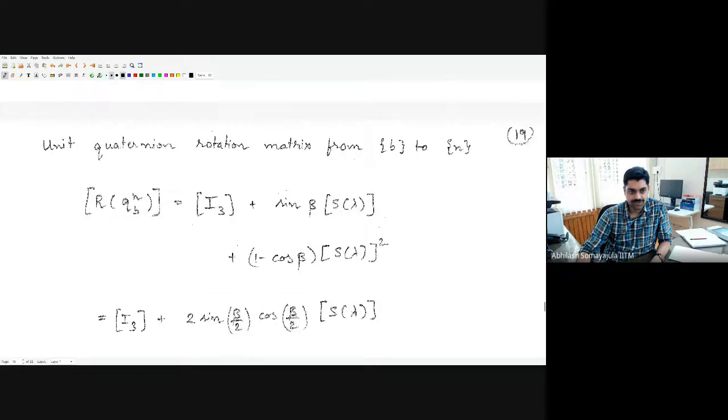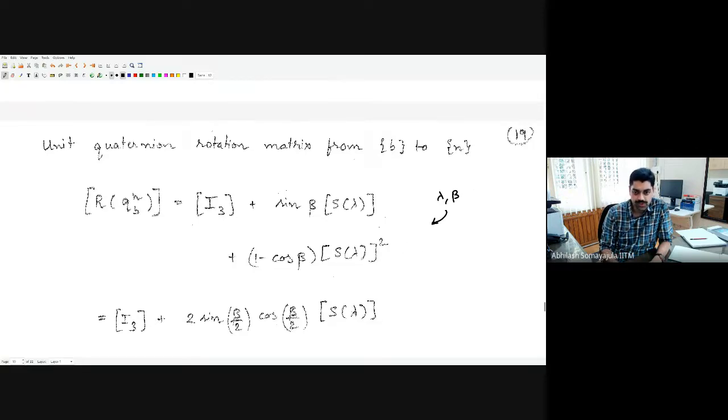Okay, so when I am going from the B frame to the N frame, I want to find out what is my rotation matrix in terms of the quaternion. And I want to find this in terms of the quaternion, which means that this expression, which is written in terms of lambda and beta, I want to transform that in terms of the quaternion.